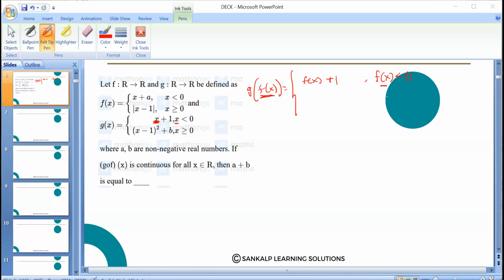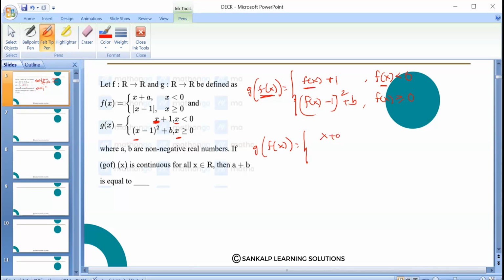Next, we will take f of x greater than or equal to 0. Here x is f of x. So we have f of x minus 1 whole square, and then plus 3 as the function. Now in the next step, the same piecewise function f of x.